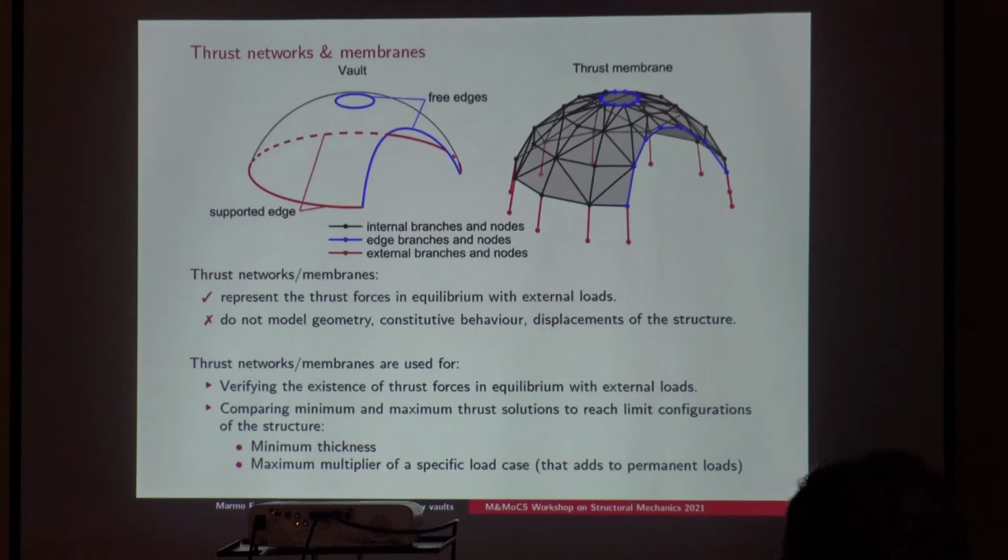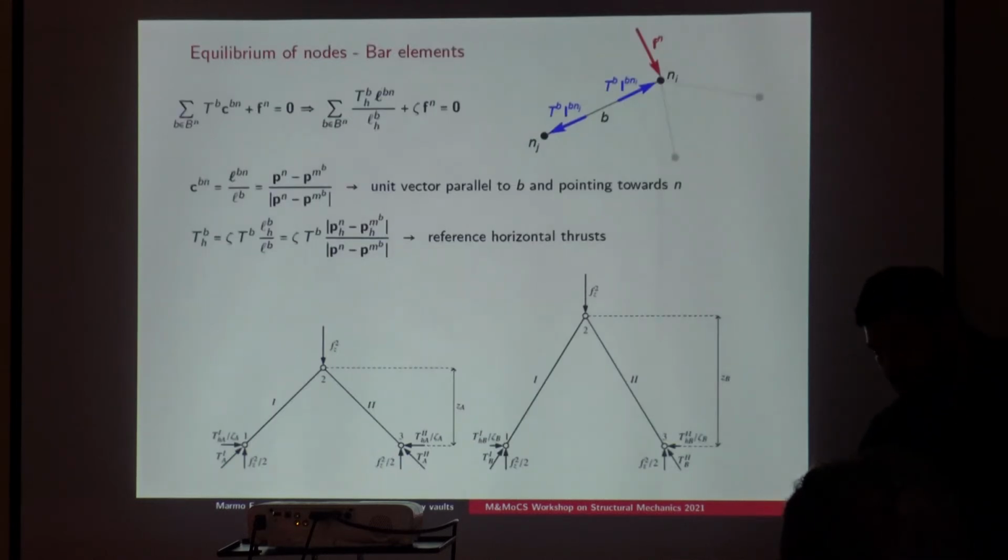Actually, this is an interesting application because usually in masonry walls and arches we are computing the so-called geometric safety factor, which is the ratio between the actual thickness of the structure and the limit, the smallest thickness that allows the existence of this truss membrane inside the structure.